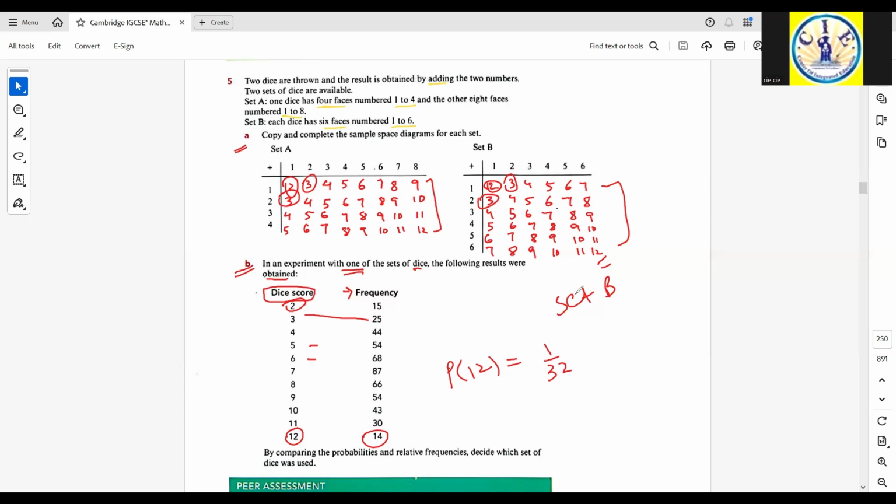So we can conclude that this is set B, which is more likely to have this frequency diagram. So the answer to this part B is set B.